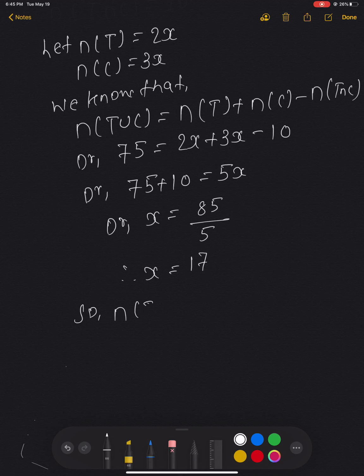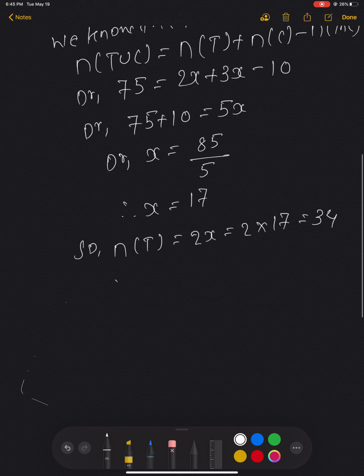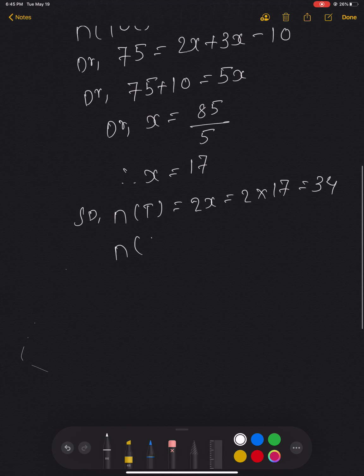So n(T) is equal to 2x, which is 2 times 17, equal to 34. And n(C) is equal to how much? 3x is equal to 3 times 17, equal to 51.